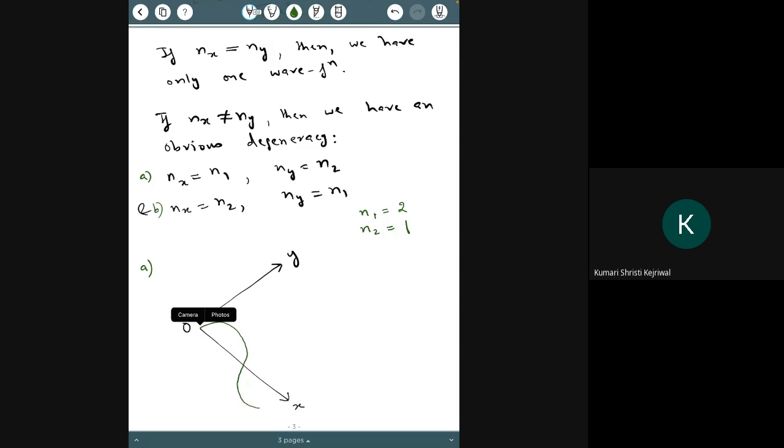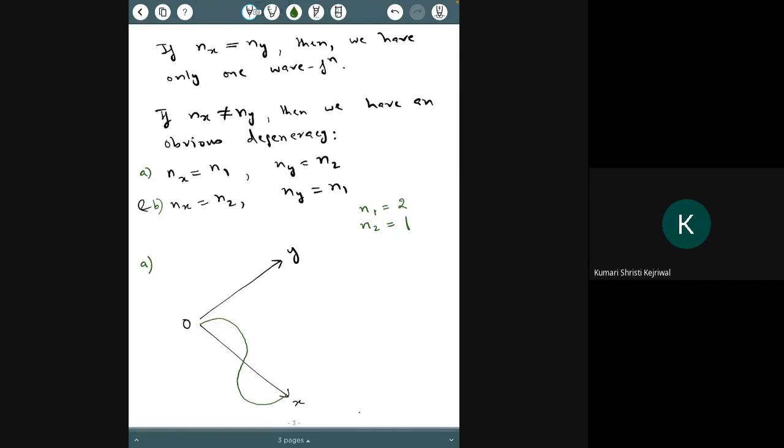So that's simply a sine wave along the x direction with one node, because n1 is 2, so the number of nodes is 1. Now in the y direction, we have the quantum number 1. So this one has no nodes. So this looks like that. So I can say this is y and this is x.